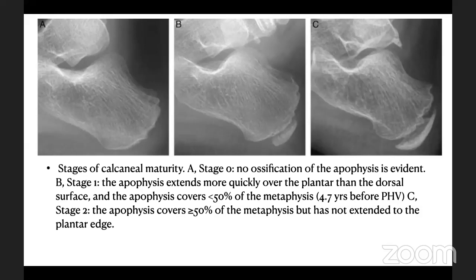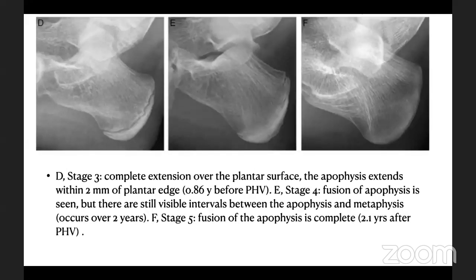Stage 2 is where the apophysis covers more than 50% of the metaphysis. It has not extended to the plantar edge, at roughly 2.11 to 1.15 years before the peak height velocity. Stage 3 has complete extension over the plantar surface. The apophysis extends within 2 mm of the plantar edge, and this occurs roughly 0.86 years before the peak height velocity.